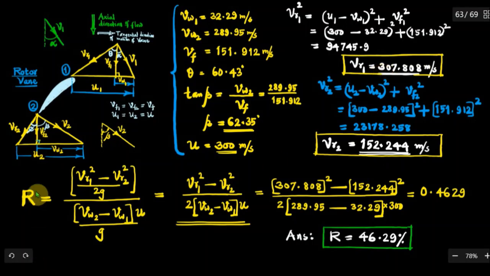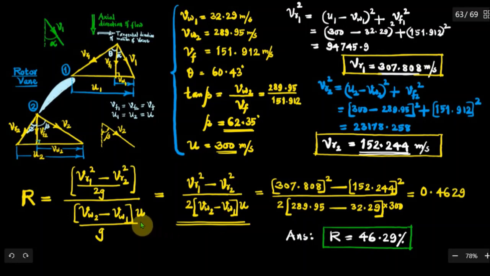And now the degree of reaction. It is the increase in static pressure in the rotor stage divided by the total pressure head in a compressor stage. The total pressure head in the compressor stage, as you know, is Euler's head. What is Euler's head? Euler's work done per unit mass is Vw2 minus Vw1 into U, in joule per kg.